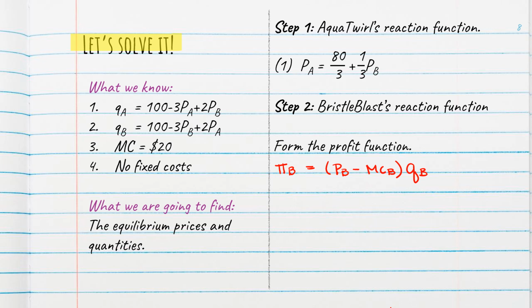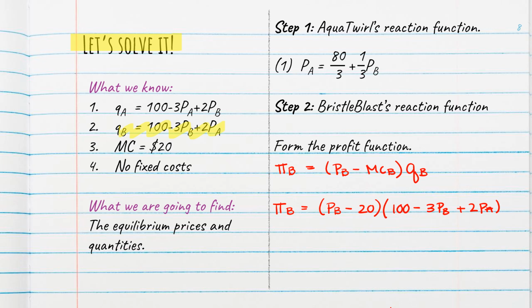We know marginal cost and we can write quantity as a function of prices, so we're going to fill that in. Profit for Bristleblast is equal to (PB minus 20) times (100 minus 3PB plus 2PA). I'm just filling in what I know about QB, which is this function right here.